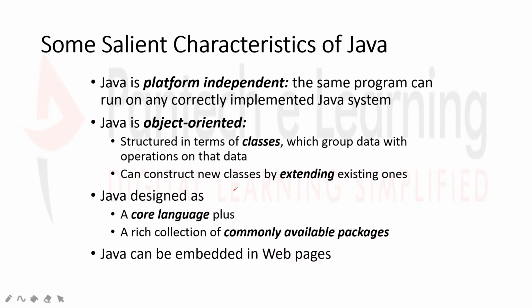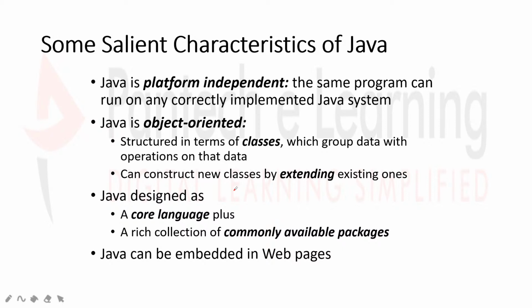So we can run that bytecode not only on the same platform, that is the Windows platform, we can run the code on different platforms. So that is platform independent. We can develop the code and run it on any platform. So Java is platform independent, and it's an object oriented language.